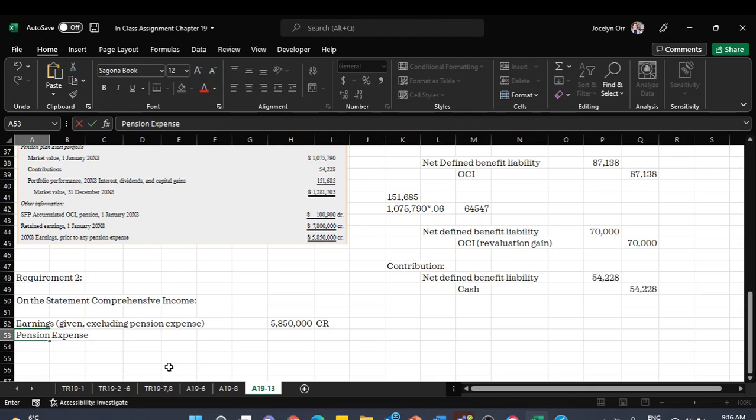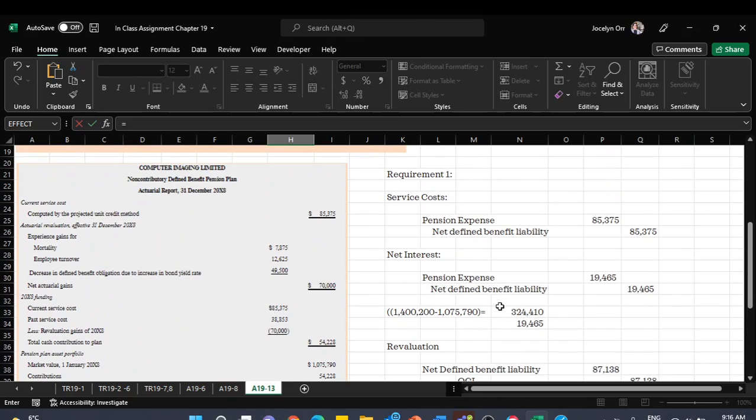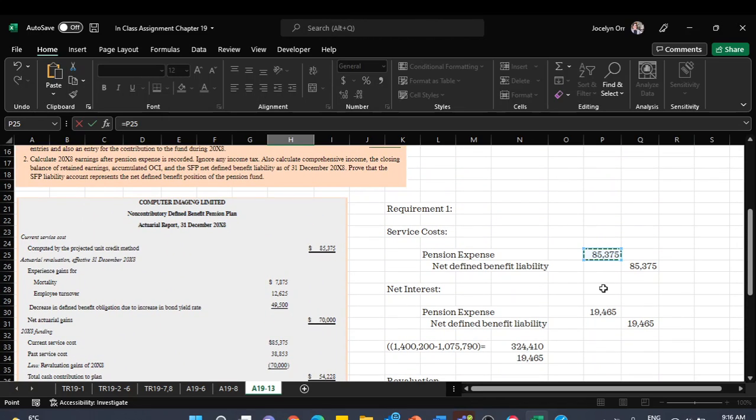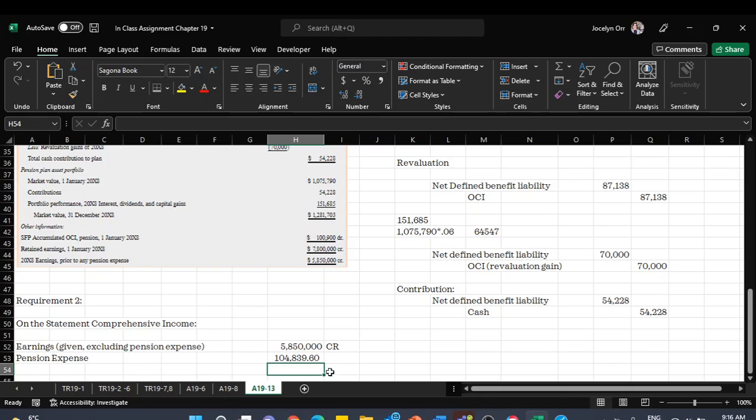But we did just calculate our pension expense, right, through our journal entries. We increased pension expense by $85,375, as well as by $19,465, which gives us a total of $104,840. This is going to be a debit, right?